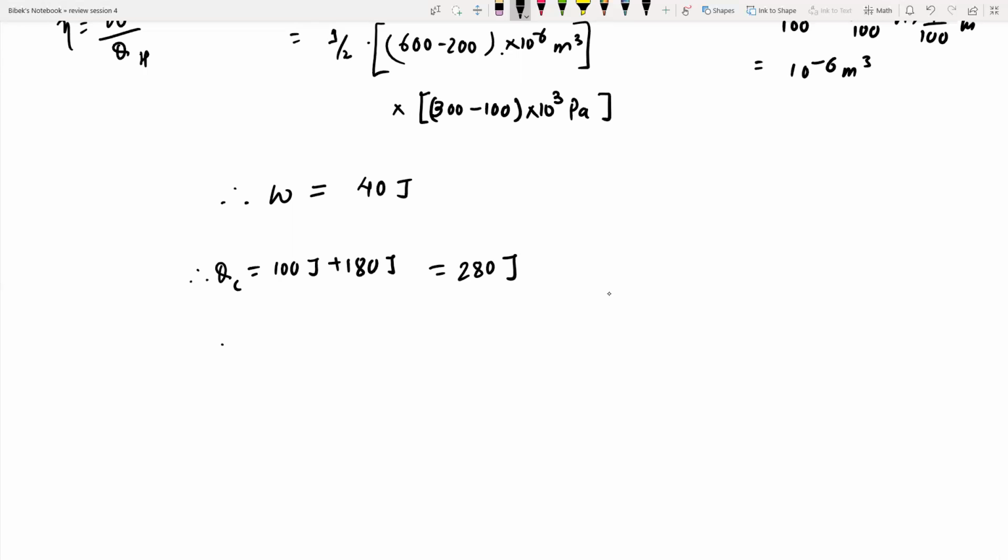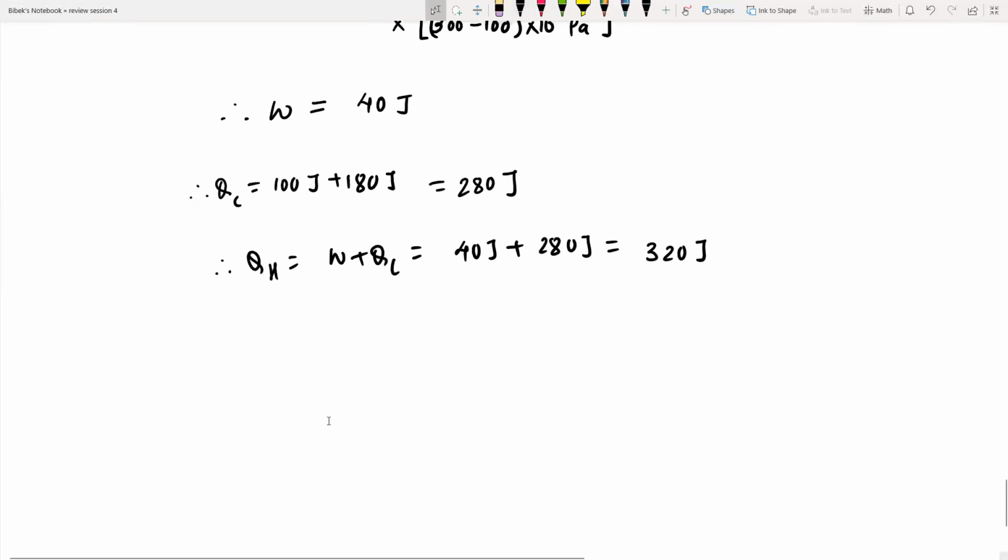What is QH? So QH is just the sum of work done plus QC. That is 40 joules plus 280 joules. And I think that will be 320 joules, right? And if you find the efficiency, your efficiency will be work done over QH times 100%.